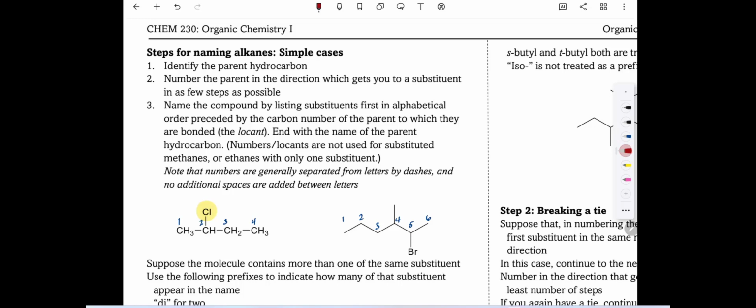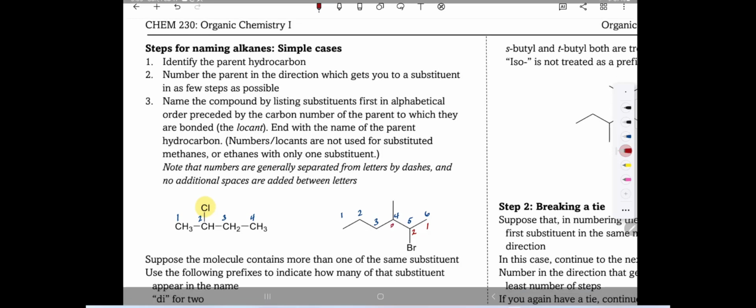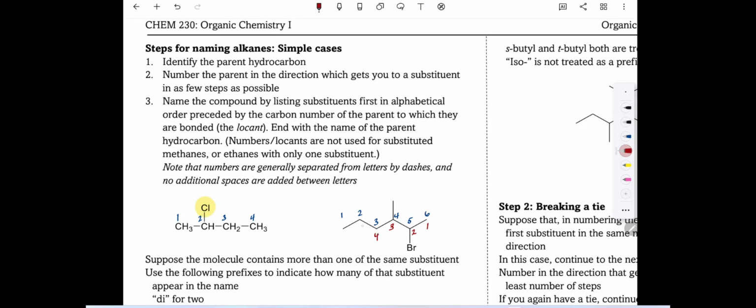Versus if I number the other way, 1, 2, well, I can immediately make my decision here. We're going to get to the first substituent on carbon number 2. So we're going to want to number in that direction. 3, 4, 5, 6. And disregard this other set of numbers.